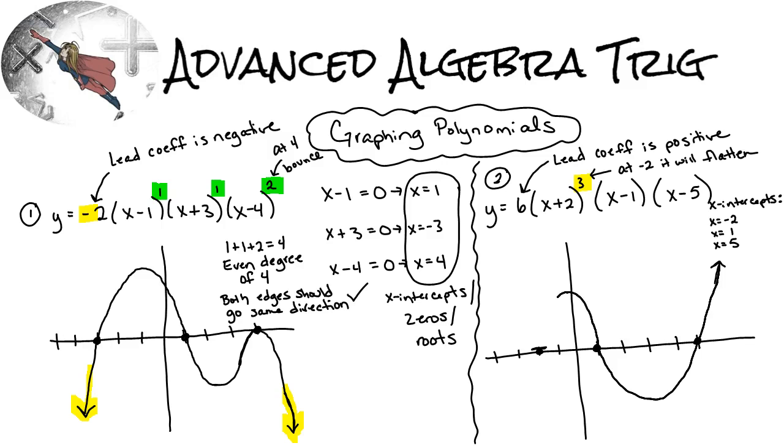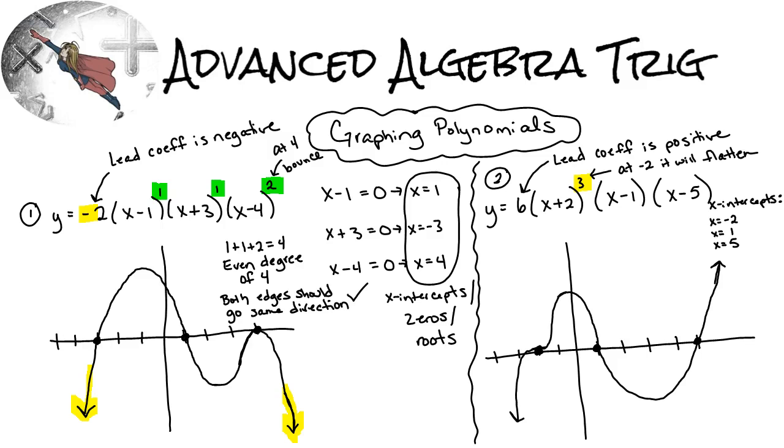And now I'm coming back down to this one where it's flat. So I need to take my curve and I need to feed into that little line segment like that. And then I need to take the curve and it needs to feed out of that line segment. So right at -2, it has that little wobble in the graph, or the flattening.